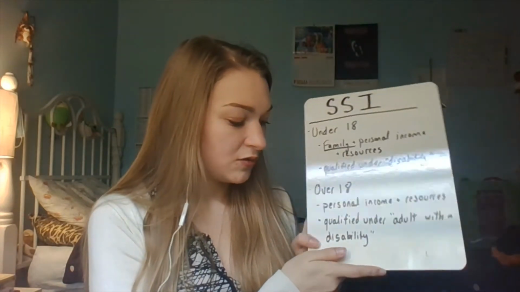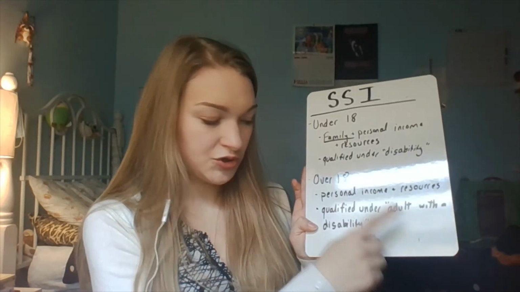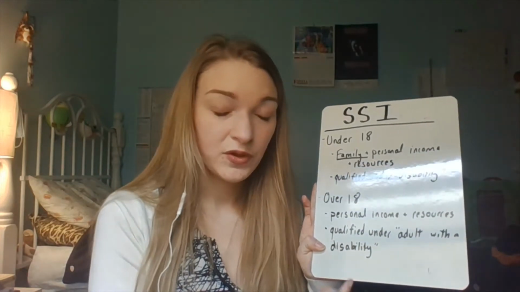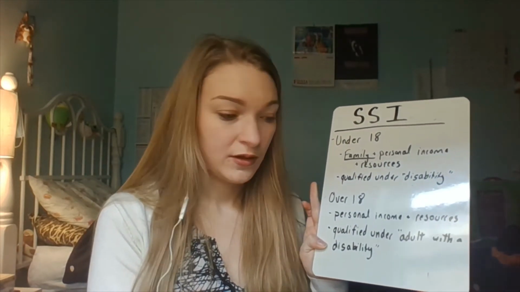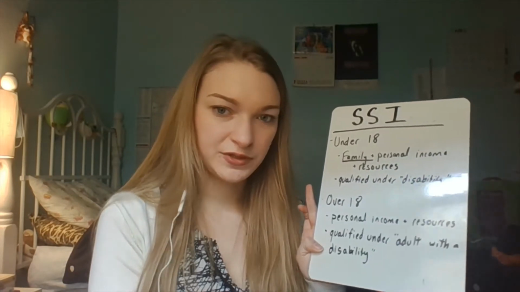And then they also must be qualified under the adult with a disability category, which is a little bit different than, I believe, a child with a disability, but the qualifications aren't really in this packet, but I think it has to do with some of the same kind of criteria, like it must be marked and severe functional limitations.